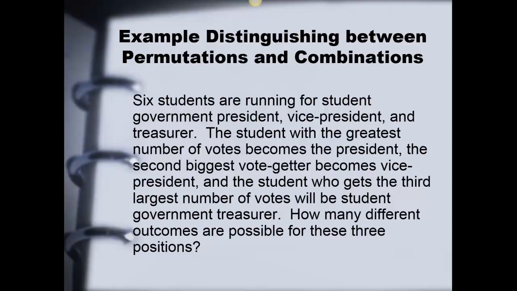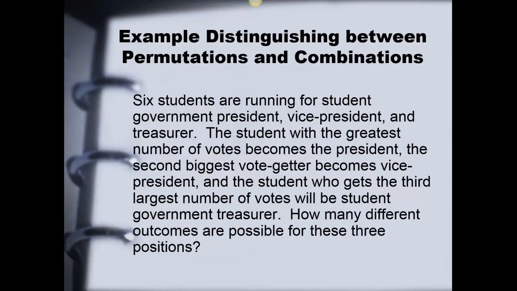So as we look at this, is this a permutation or a combination? Because remember, permutation says no item is used more than once and the order of arrangements makes a difference, whereas with combination, the order of arrangements is not important. So this one has an arrangement.